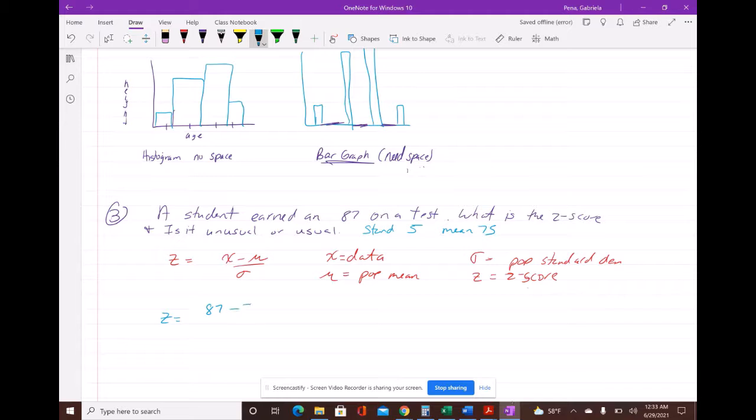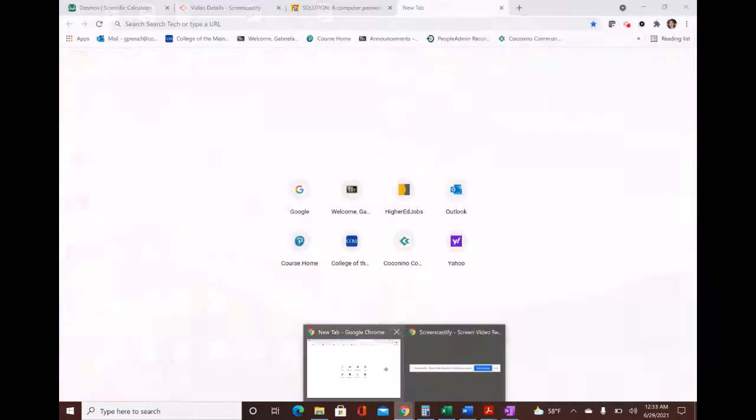So the data minus the mean that they're going to give you, over the standard deviation, which is 5. Once again, I need the calculator.